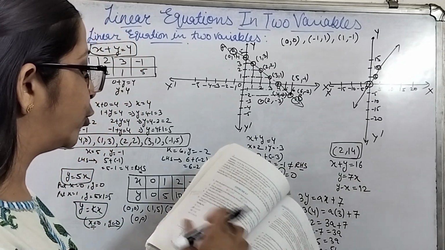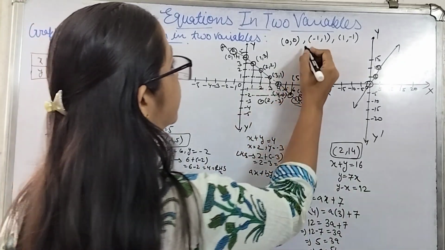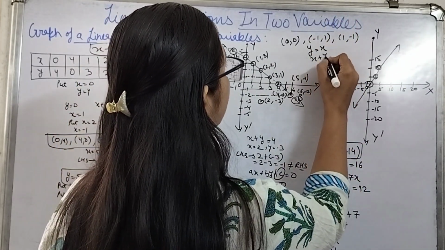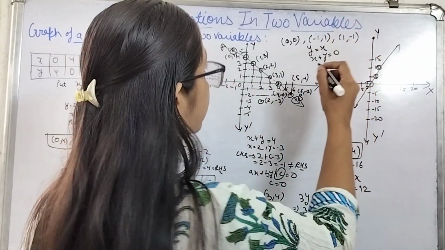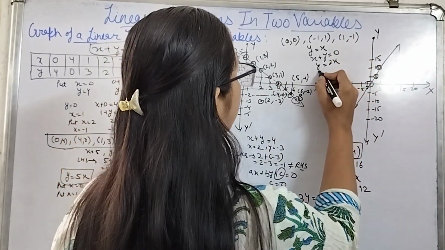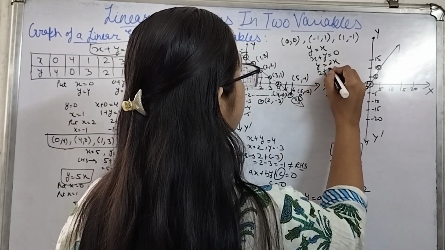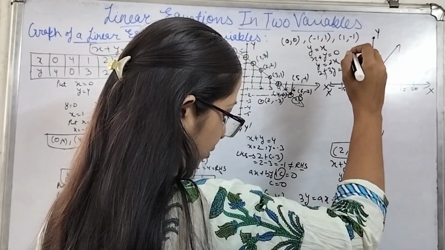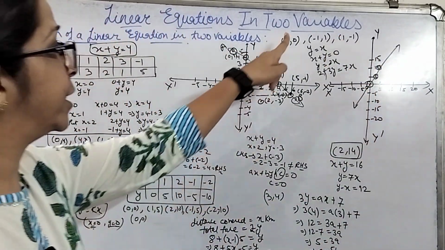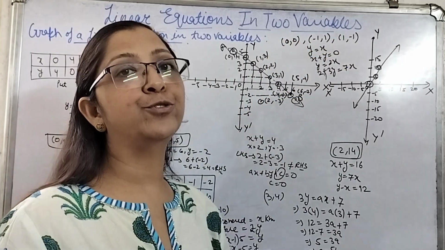Now see, the 4 equations are given to you. y is equivalent to x. x plus y equivalent to 0. Then y is equivalent to 2x, and 2 plus 3y is equivalent to 7x. Now we have to select the equation for which these are the solutions.